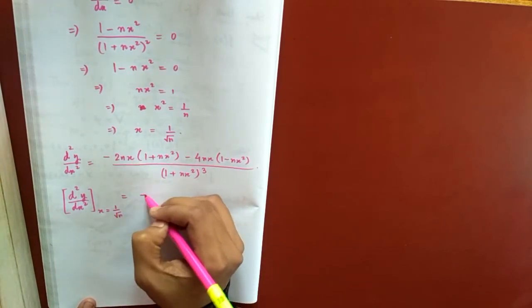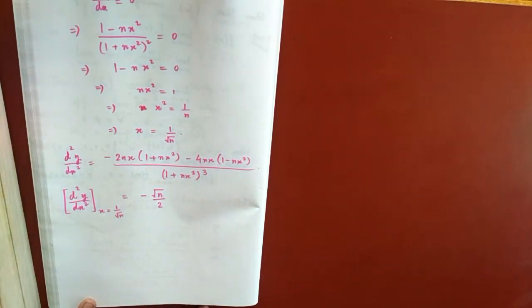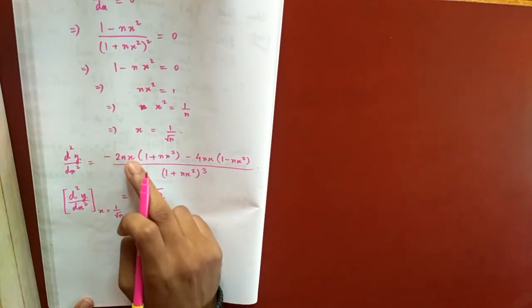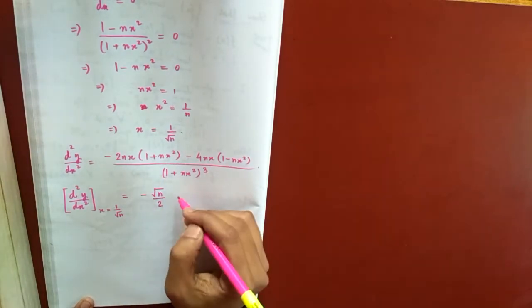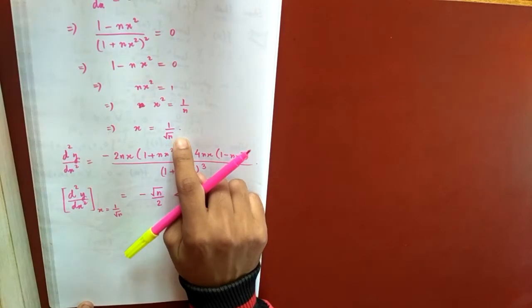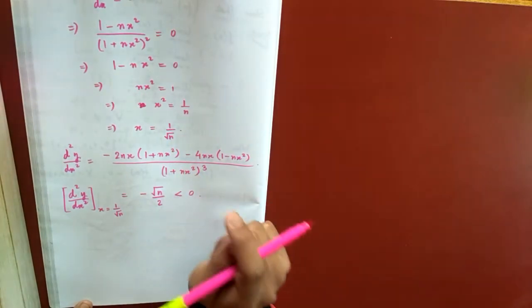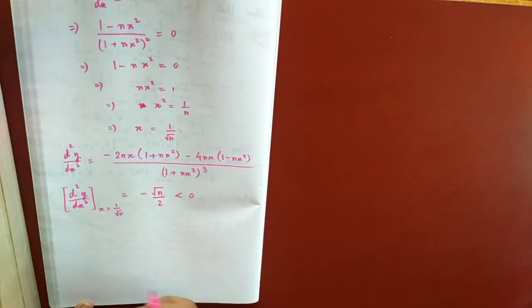What you will see is that you will get minus of this quantity. Are you getting my point? You just check. You put x as 1 by root n everywhere and you will find this is less than 0. So maxima or minima? It's a point of maximum. Very good. This is the point of maximum.